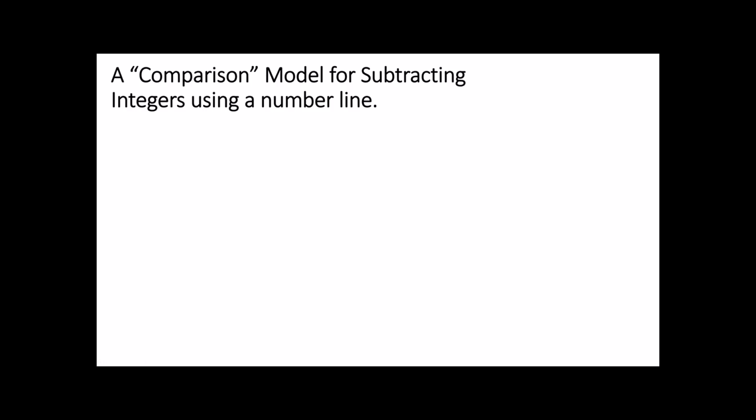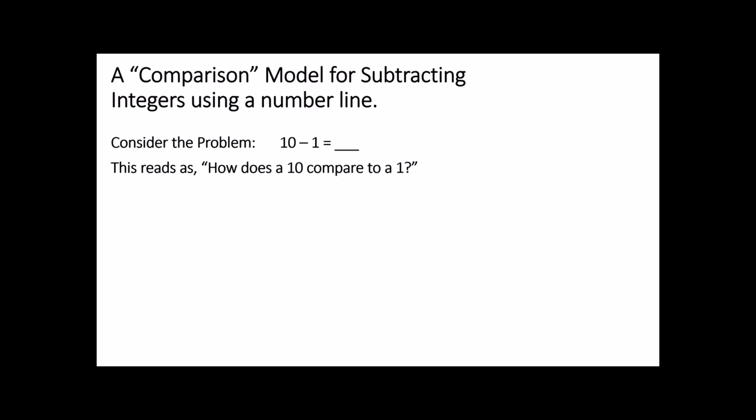Let's try another one. We'll still keep it fairly simple for you. Consider 10 minus 1. Or, how does a 10 compare to a 1? Or what's the difference between a 10 and a 1? Once again, I'm going to put up my number line. Once again, we're going to identify the location of the 10 on the number line and the location of the 1 on the number line, and we're going to look at the amount of space that lies between them.